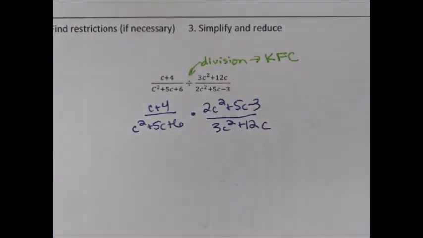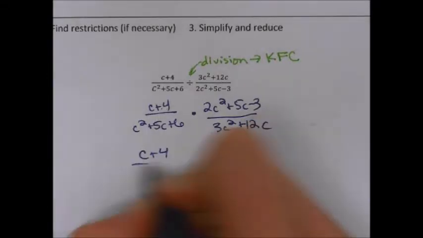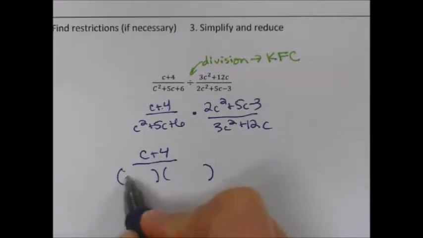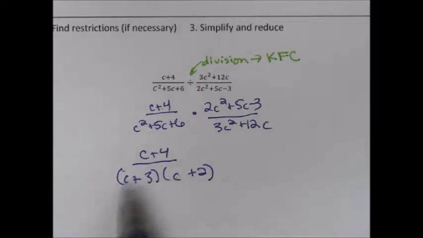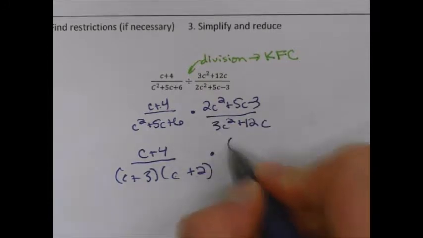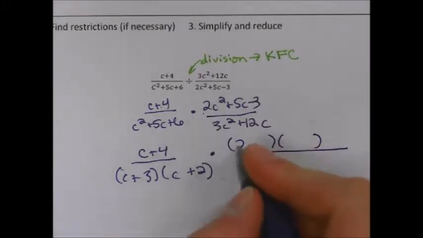Go ahead and pause the video so the students can have time to try and factor the top and bottom of each of these fractions. Now that you've had time to factor them, you should have gotten, the top we can't factor here. This bottom piece is a trinomial. So we have c, multiply 6, that's going to be a 3 and a 2, plus plus, because 3c plus 2c is 5c, times this top one, 2c squared, I'm going to need a 2c and a c.